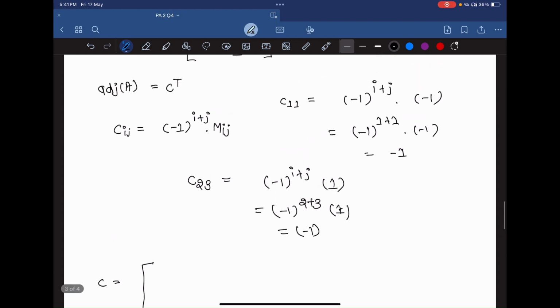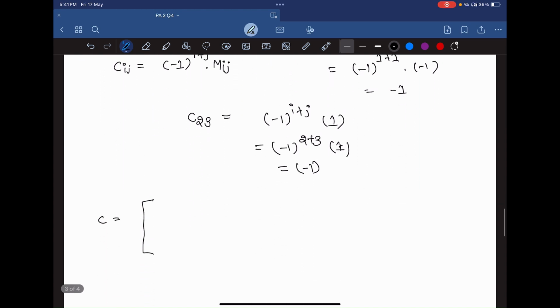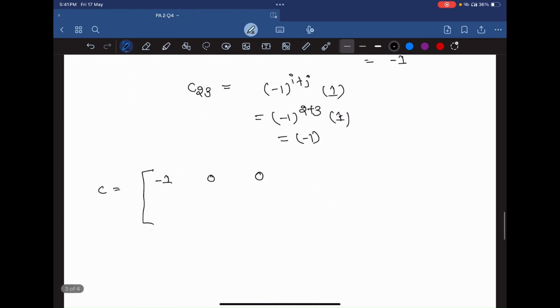In that fashion, the cofactor matrix would be minus 1, 0, 0, 0, 0, minus 1, 0, minus 1, 0. So this will be the cofactor matrix. Now if we take the transpose of this matrix, we'll again get the same matrix.